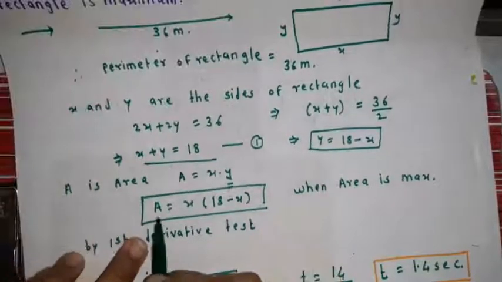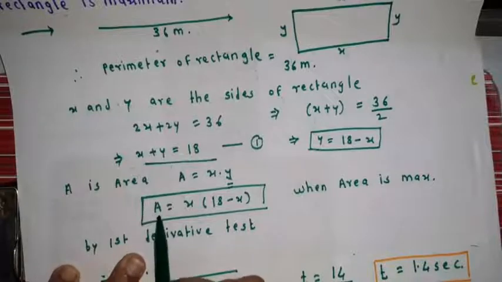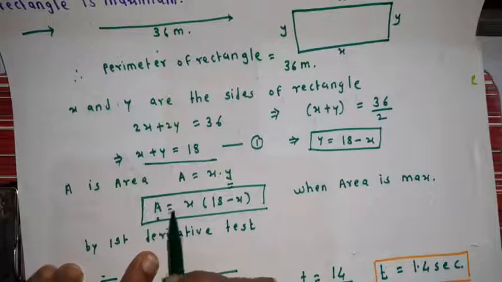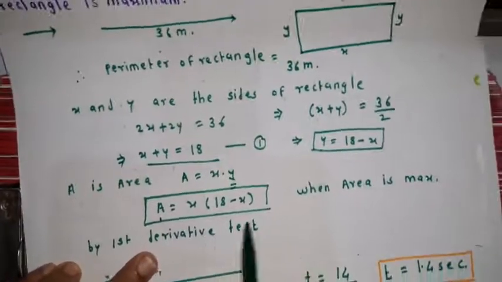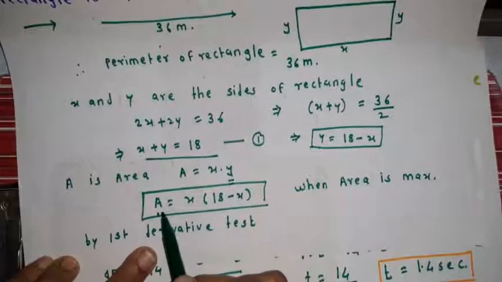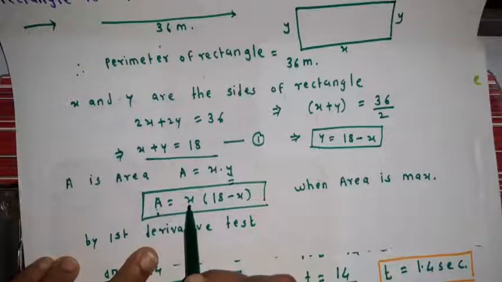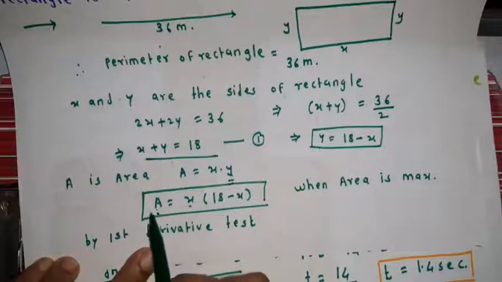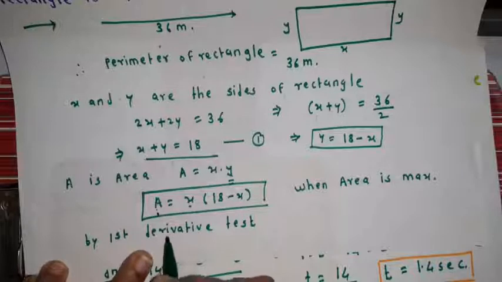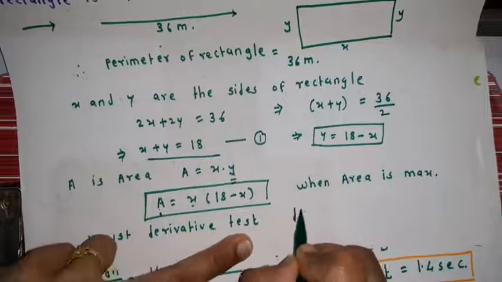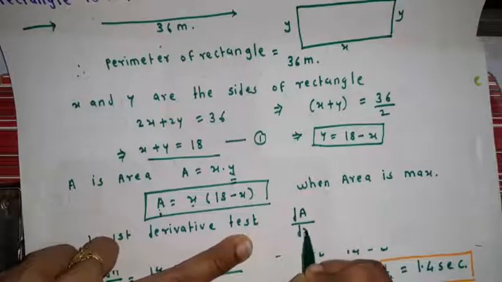As the area is maximum, the area is our function, so we apply the derivative test on area. But students, see here, area is a function of x, and that's why we have to differentiate area with respect to x. Therefore by the first derivative test, dA by dx equals 0.